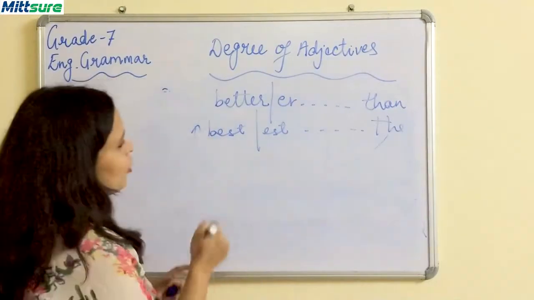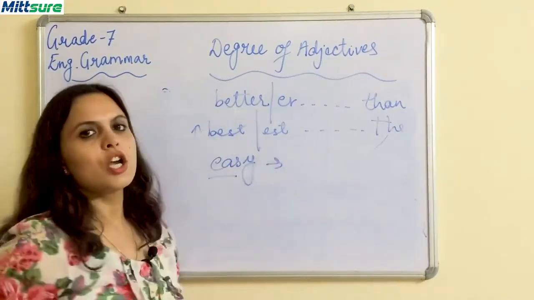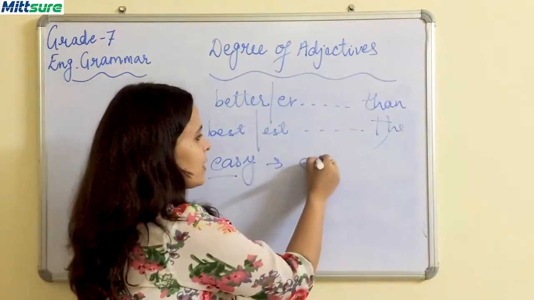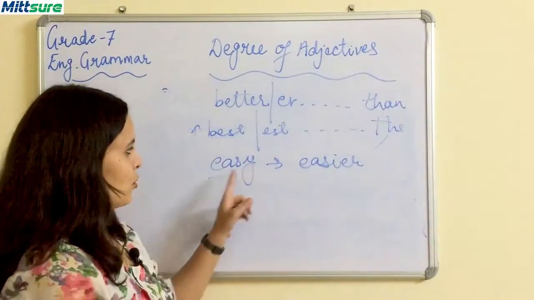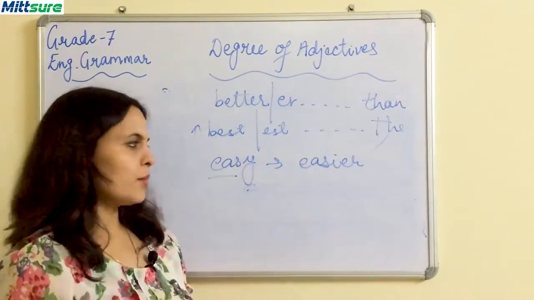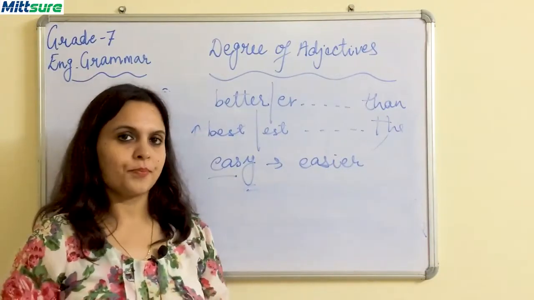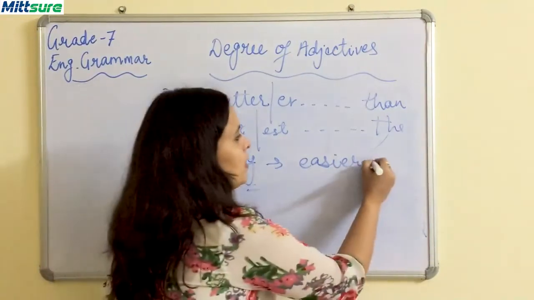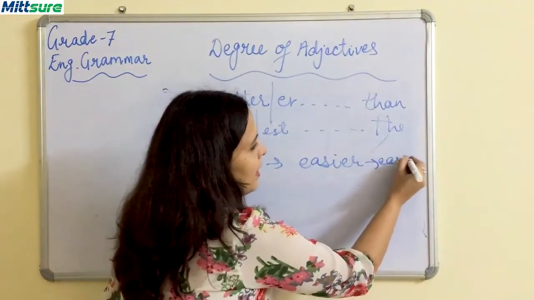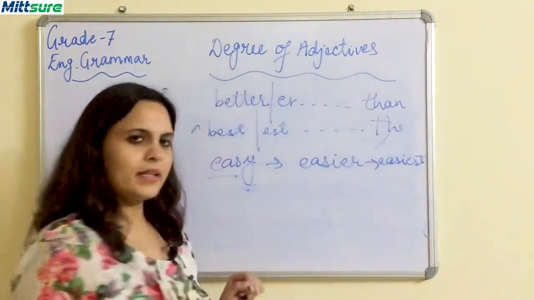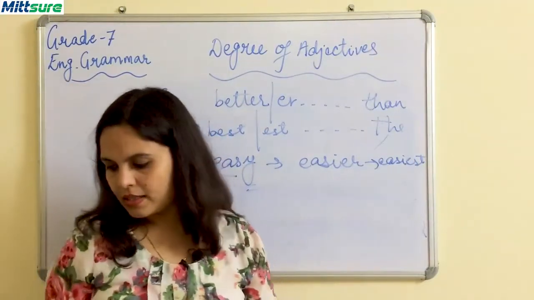You know the spelling of easy is E-A-S-Y, but when you change it to comparative degree, you will write EASIER. So Y will be replaced by I, like in plural cases, and ER will be added. In easiest also, E-A-S-I-E-S-T. So it will be treated like this.